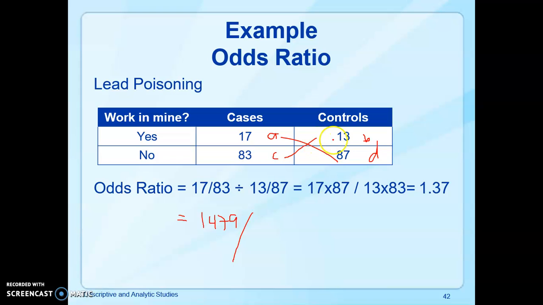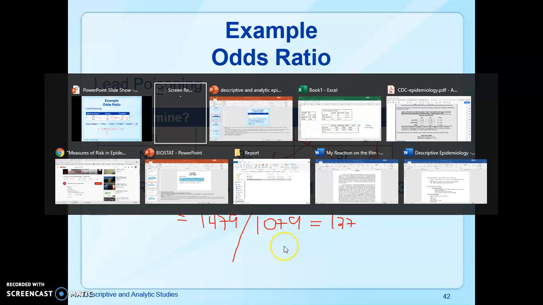So, we get 1079. So, divide: 1479 divided by 1079. We get 1.37.